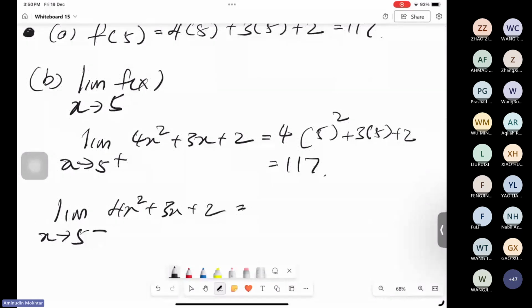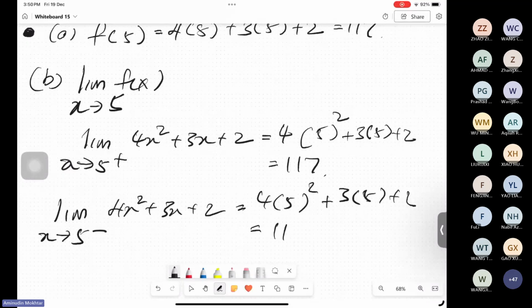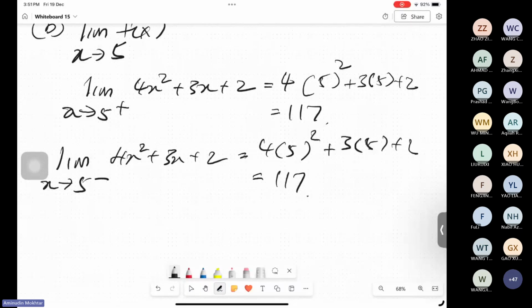Based on the property of limit, we can substitute x equals 5 in the equation. 4 times 5 squared plus 3 times 5 plus 2. The answer is 117. Okay, for this case, the right-hand limit equals the left-hand limit.